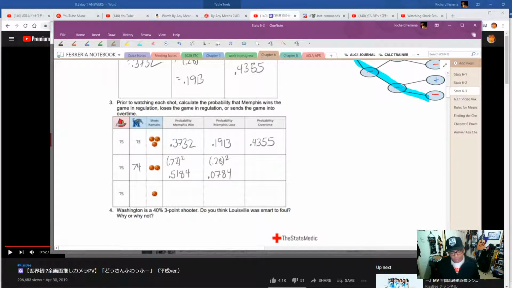And then the probability that they'll go into overtime was if he only makes 1 of the shots. So he could make the first shot and miss the second shot, or he can miss the first shot and make the second shot. That gives us a probability of 0.4032 that they're going to go to overtime.